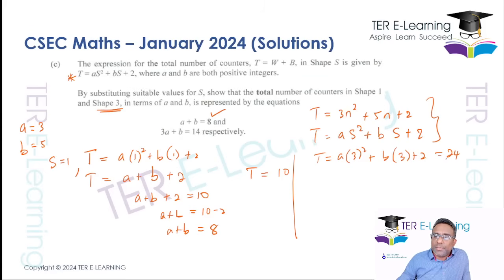So this is going to be 3 3s are 9A plus 3B, is equal to, am I missing something?